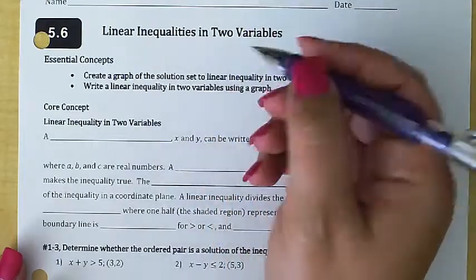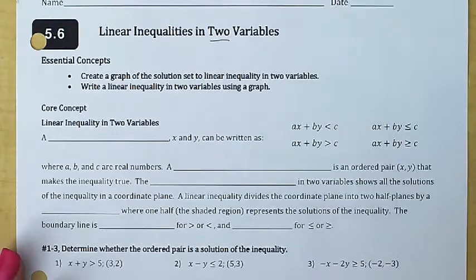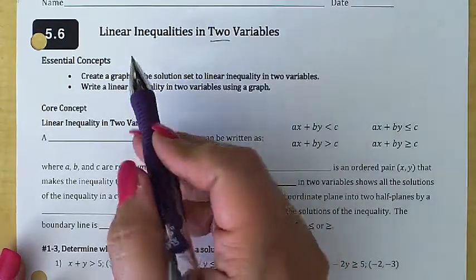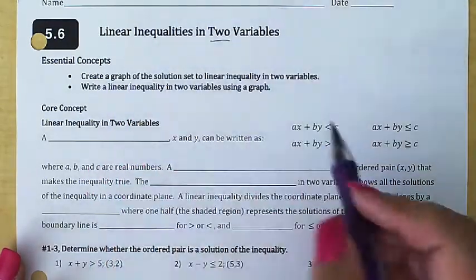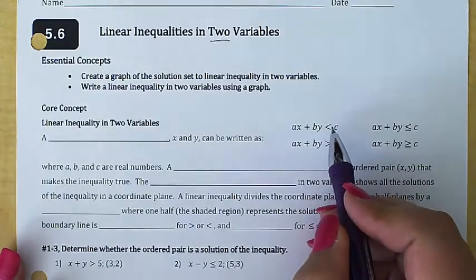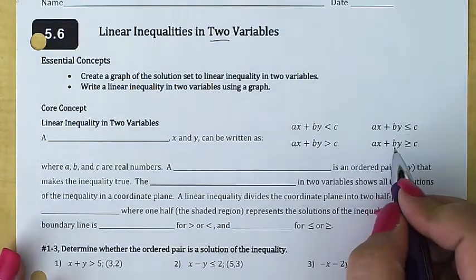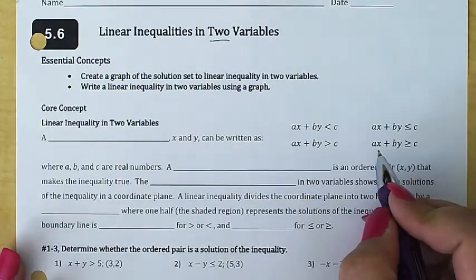The difference is today we're going to talk about inequalities that involve two variables. So they're going to be linear equations, like y equals mx plus b, or like ax plus by equals c, except we're replacing that equal sign with an inequality symbol. But most importantly, they involve two variables and they're going to be linear in nature.